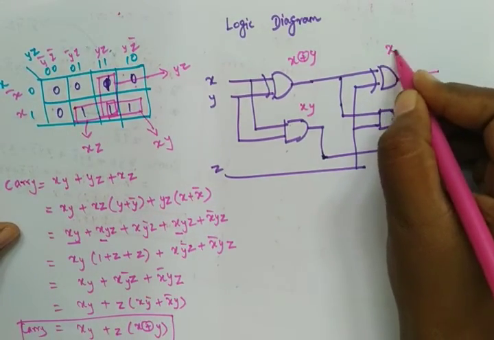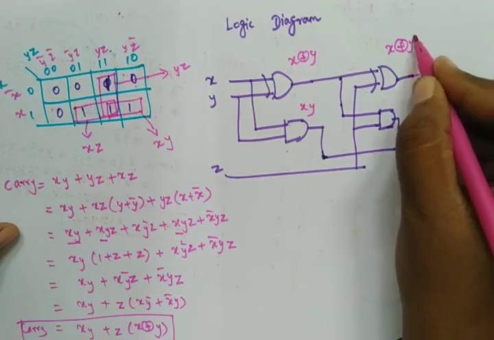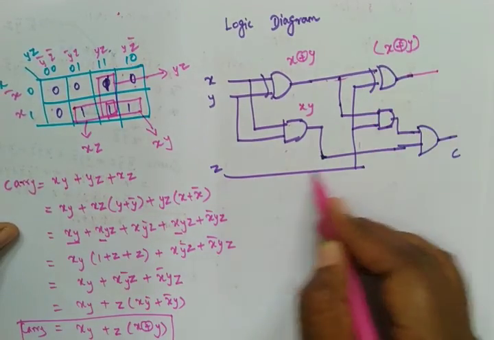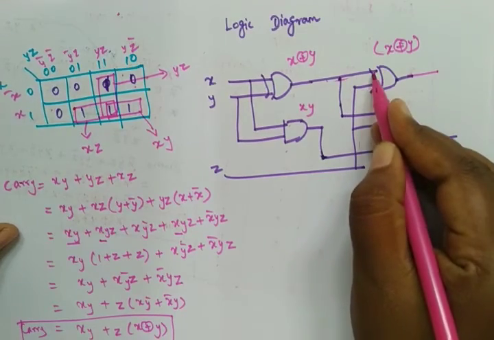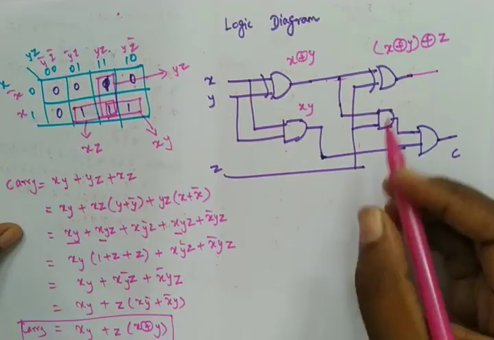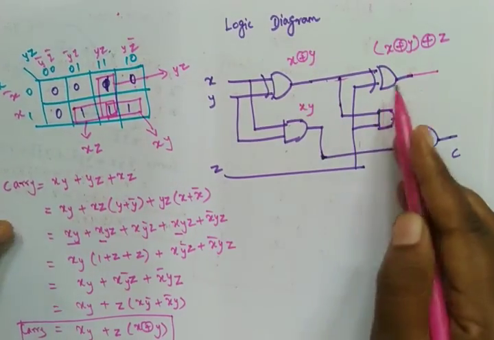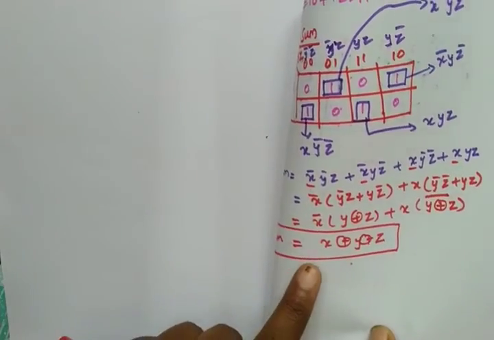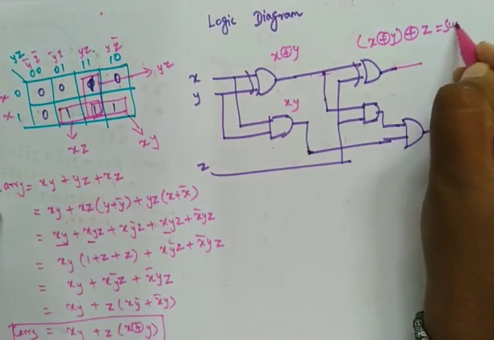One input is x XOR y, another input is z, so x XOR y XOR z. Sum is equal to x XOR y XOR z. So this is our sum.